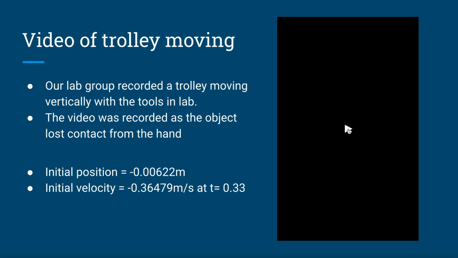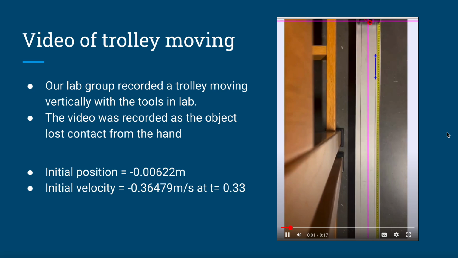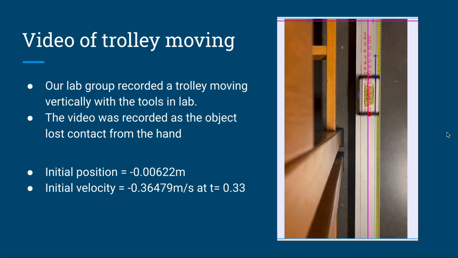So here is a video of our trolley. In our physics lab, we recorded a trolley moving vertically with the tools given to us. This video was recorded as soon as the object lost contact with our hand.